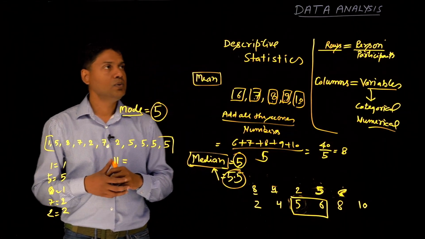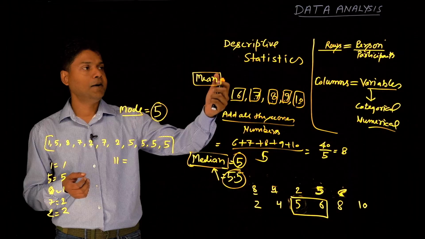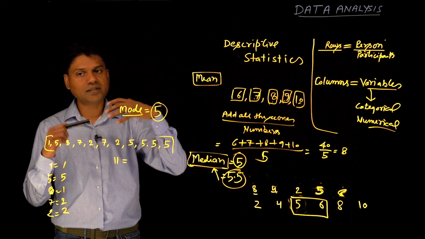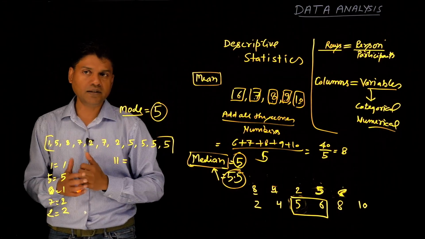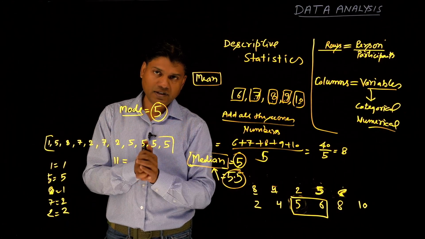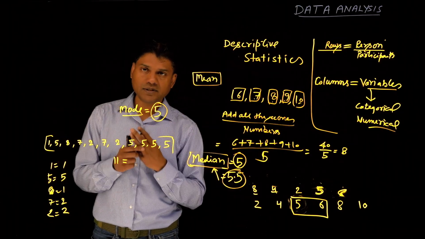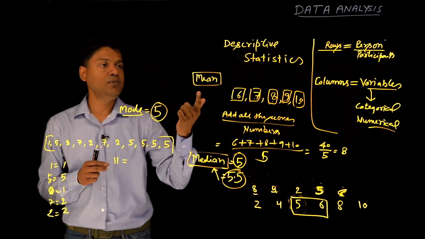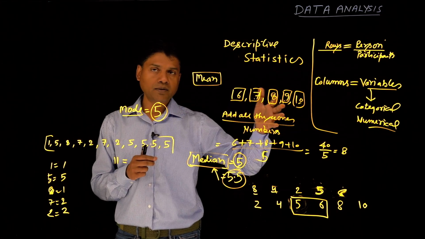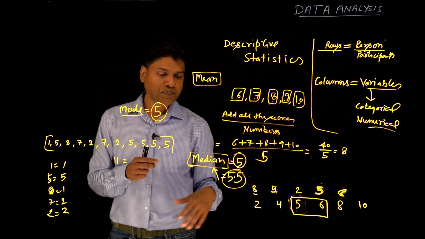When it comes to descriptive statistics, a key way to understand it is understanding the central tendency of my data set. And to understand the central tendency of your data set, we use 3 types of statistical analysis. One is mean, which is the average, where you add all the numbers together and then divide by the total number.